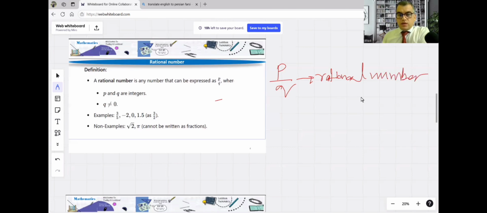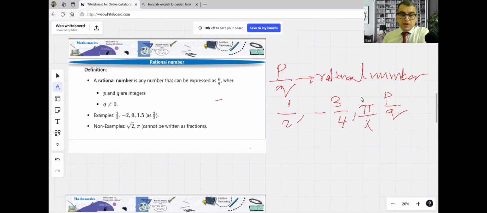So, for example, 1 by 2 is a rational number, minus 3 by 4 is a rational number, but pi is not a rational number. Why? Because we cannot write this number as a fraction like p by q, right? This is the definition of rational numbers.